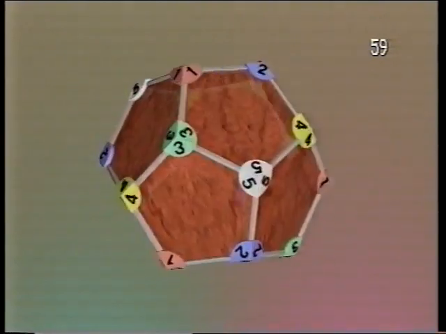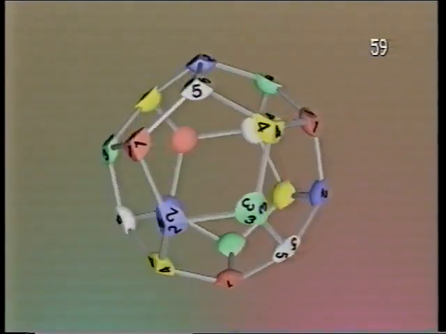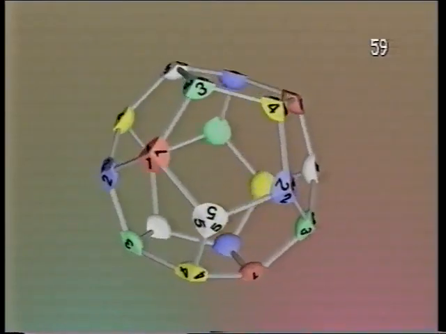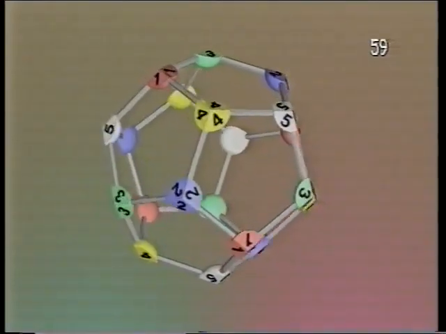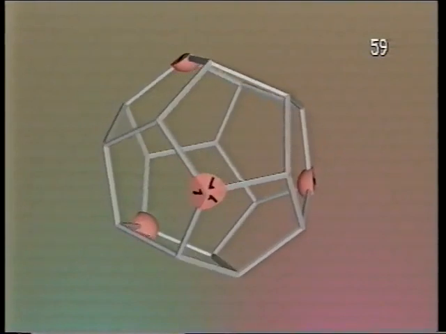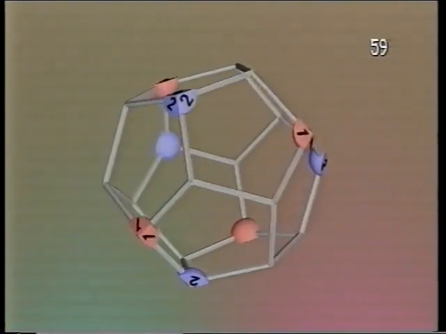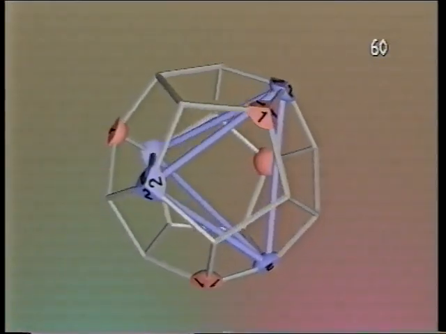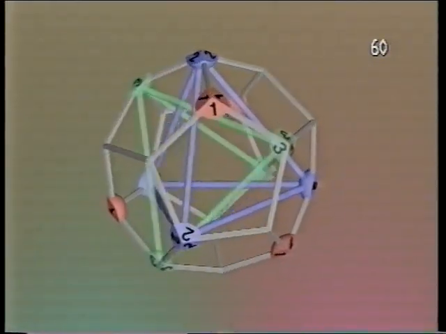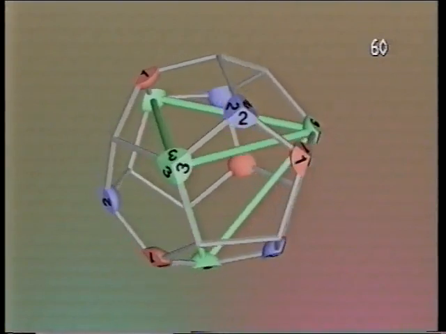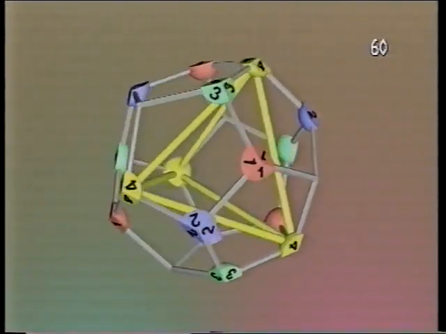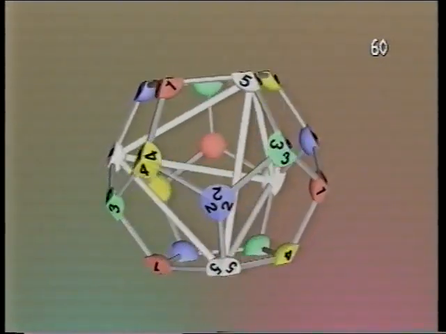Something rather wonderful appears when we consider the vertices which now carry the same label. If we join up the 4 red vertices, we get a regular tetrahedron. And similarly, the blue vertices form another regular tetrahedron, as do the green vertices, the yellow vertices, and the white vertices.